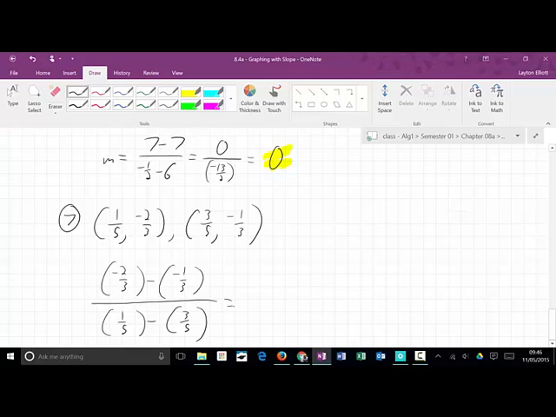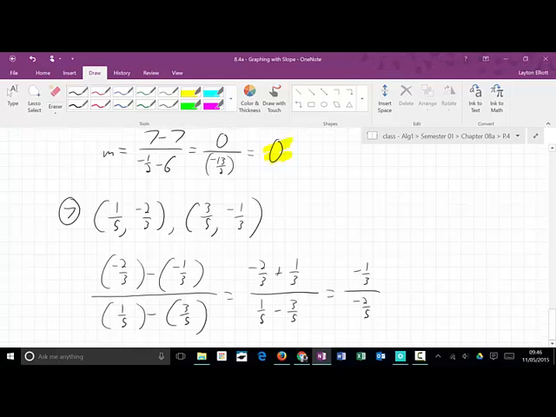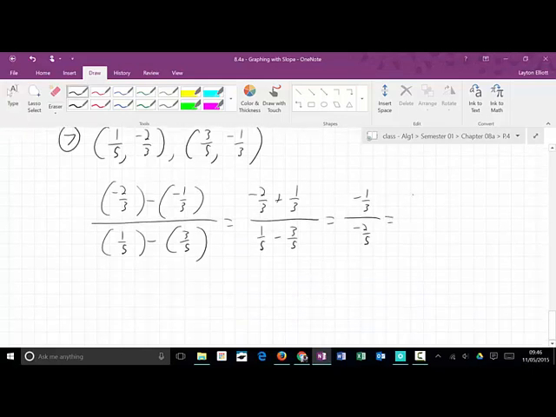And I'm going to simplify this over here. This is negative 2/3 plus 1/3 and 1/5 minus 3/5. Add the numerator up. This is negative 1/3. Denominator, this is negative 2/5. I know that they're both negative, so I can make them both positive, but I still want to come up with a strategy to get rid of the fraction within a fraction.